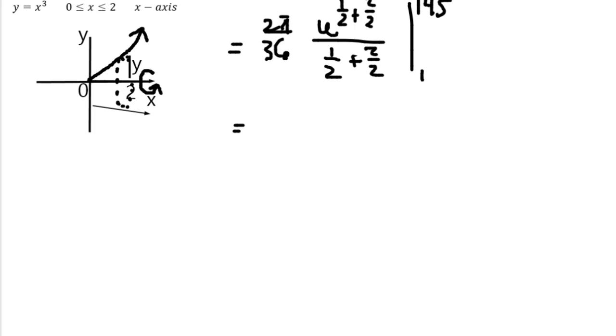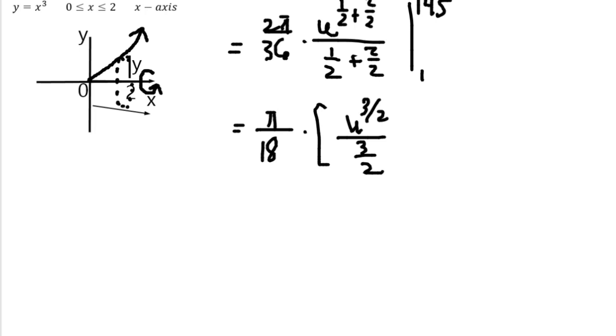So let's simplify this further. This is going to be 18. 18 times 2 is 36. So we got, let's put some brackets here. We got u raised to the 3 over 2, and we're still going to integrate it from 1 to 145. Now we can simplify this further. We can do the keep change flip here.